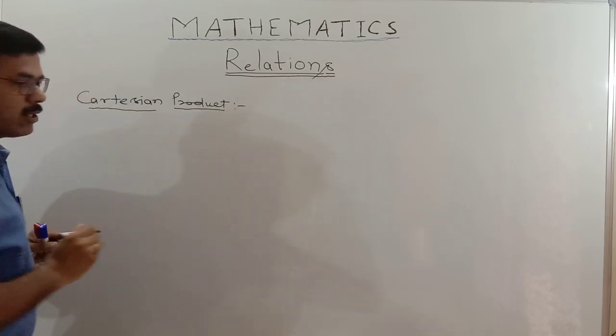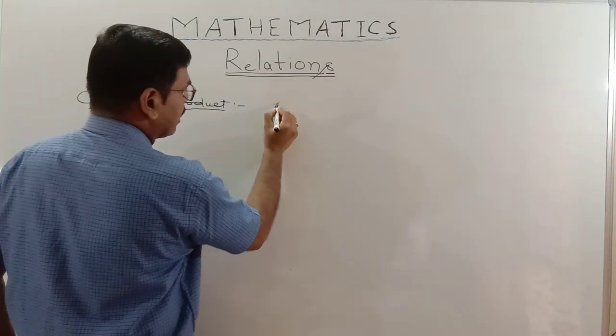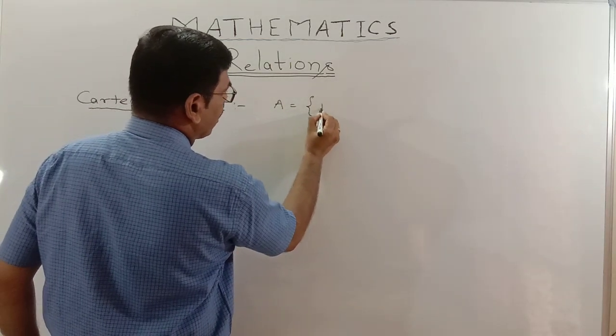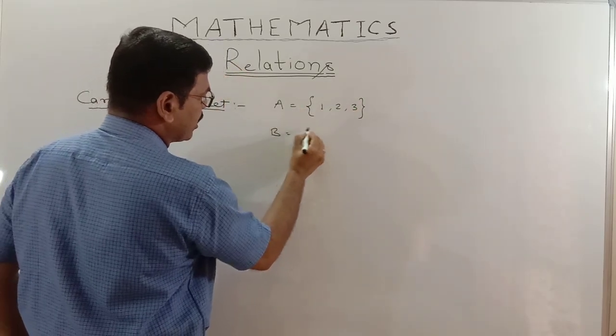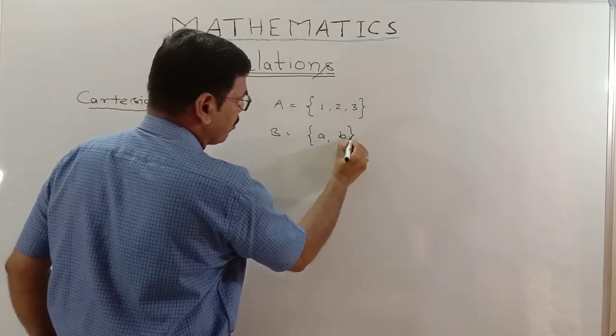Two sets in the sense what? Suppose a set A is there, it has three elements 1, 2, 3. Another set B is there, it has two elements a, b.